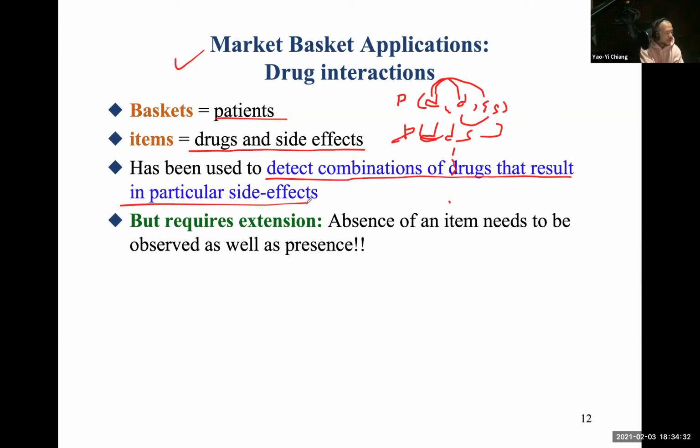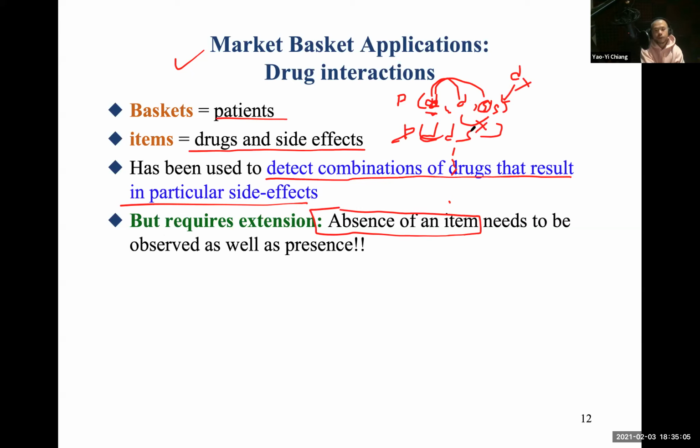However, there's one thing that's very important. Absence of an item should be considered in this case. For example, if you say this drug commonly appears with this side effect, based on all your patient data set, however, you might notice that if we add one more drug, like for the patients that have this drug X together with this first drug, you will not see this side effect, right?